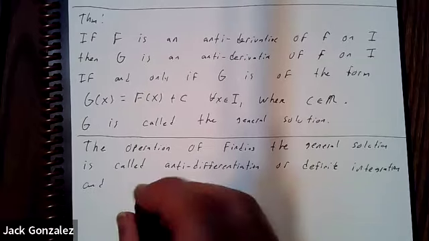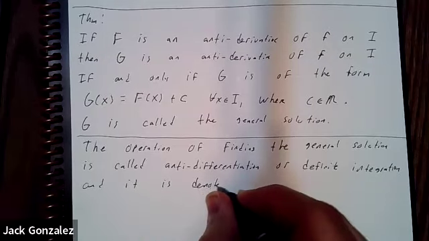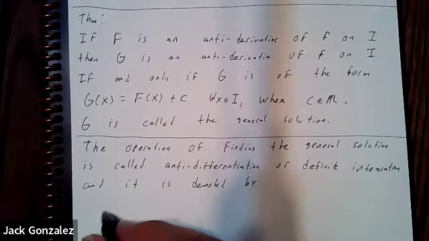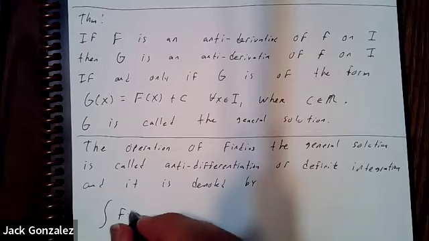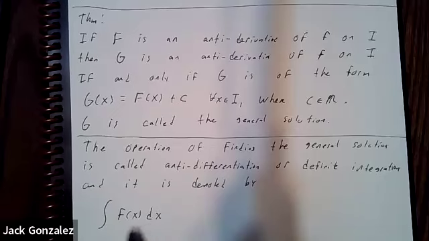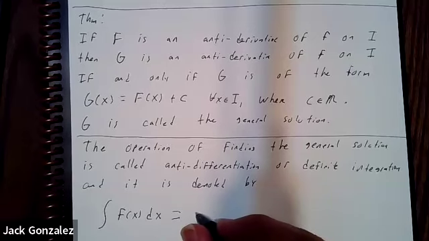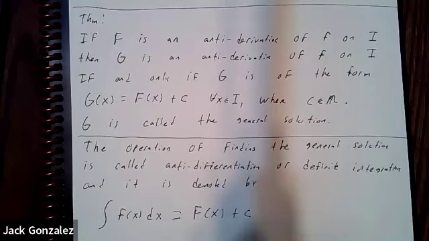And it is denoted by the integral symbol. So integral of lowercase f of x with respect to x, that little dx telling us we integrate this function with respect to x, is equal to capital F of x plus c. So this is just the undoing of the derivative, the integration giving me the original function.